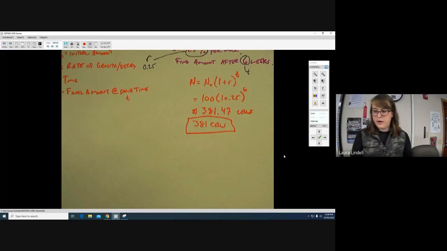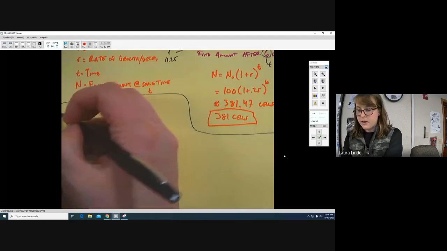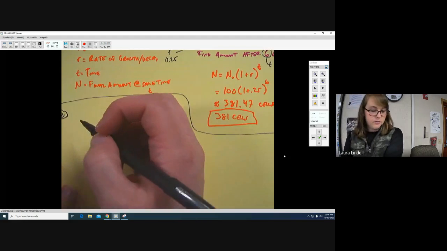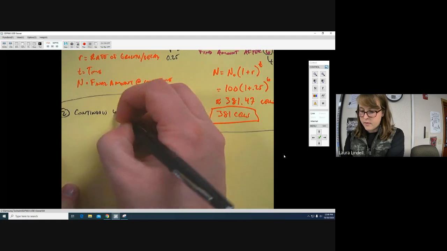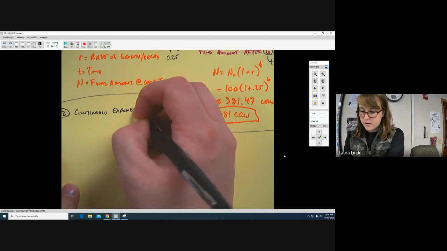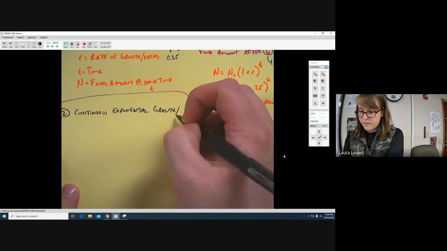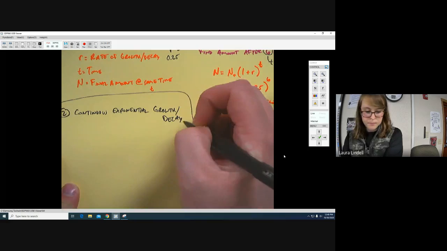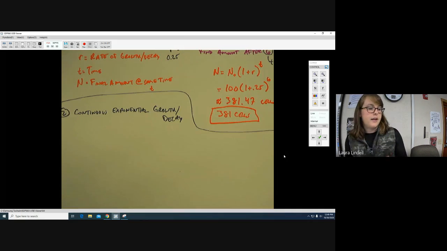The second model that we are going to work with, so I'm going to kind of block that one off. The second model is continuous exponential growth and decay. So something like a lot of money problems involve continuous exponential growth and decay, like interest and stuff like that.